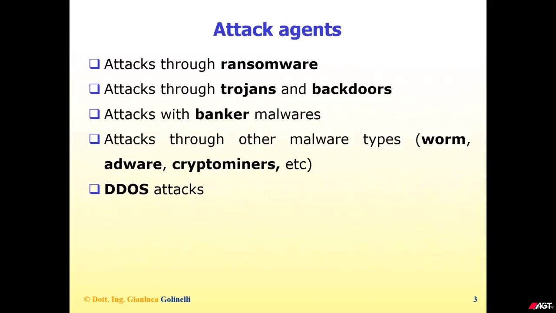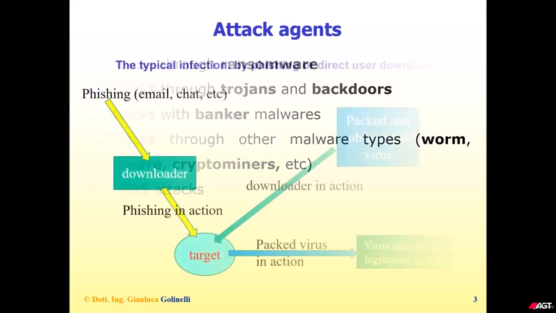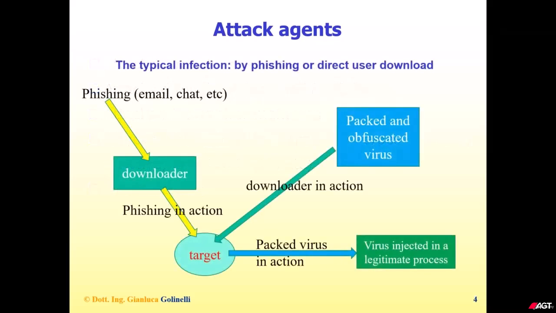The most common attacks are DDoS, or attacks that use ransomware, trojans, backdoors, and botnet malware. A typical infection occurs through a phishing action with email or chat aimed at downloading and running a program that is often not the malware but a downloader for the real malware.